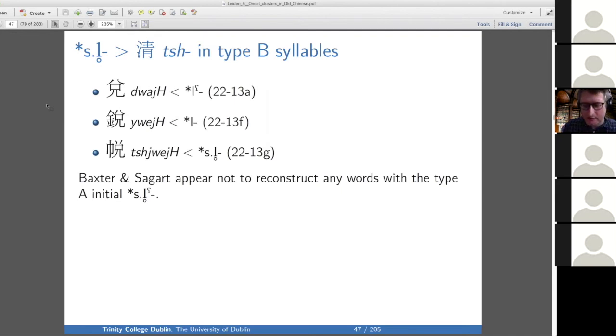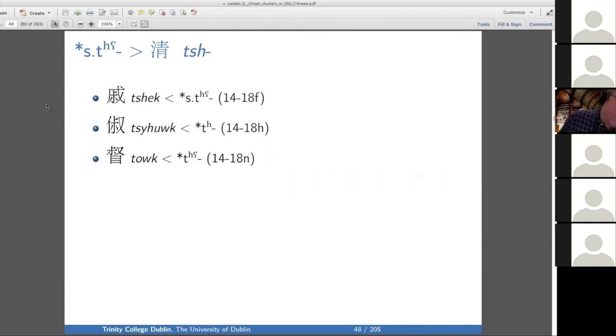They appear not to reconstruct any words in type A with this cluster. Now the aspirate equivalent. So here we have a connection between a tsa initial and a ta initial, with the cha being the usual dentals palatalizing in type B. So they say, okay, maybe we've already seen this kind of argument before.